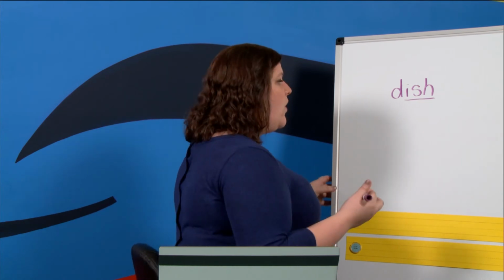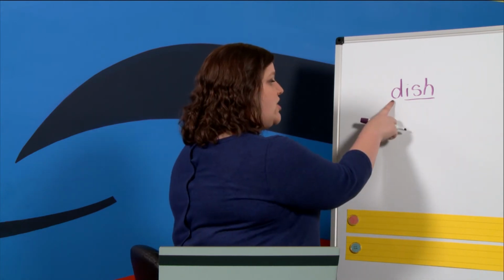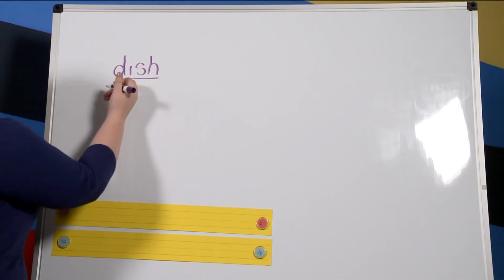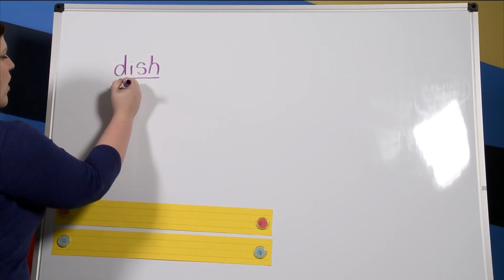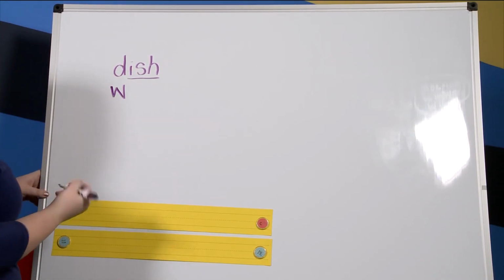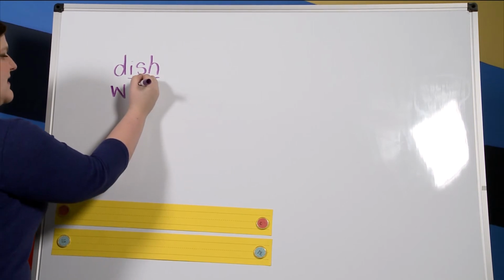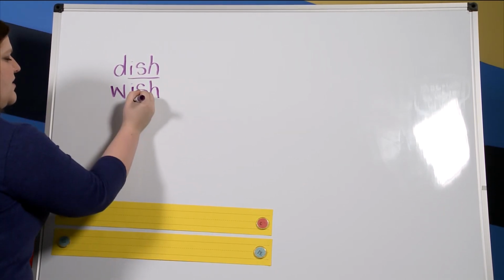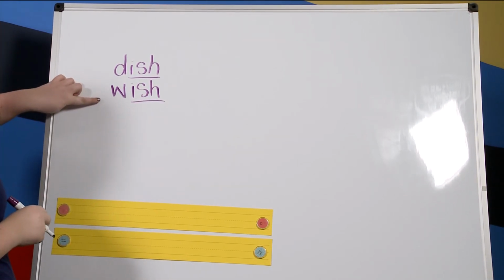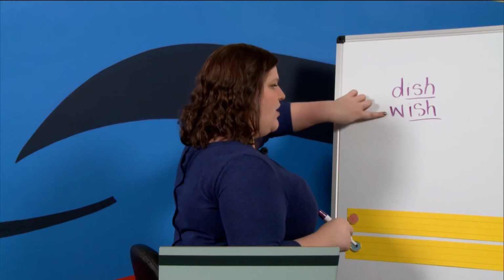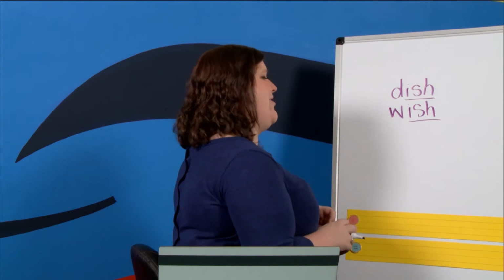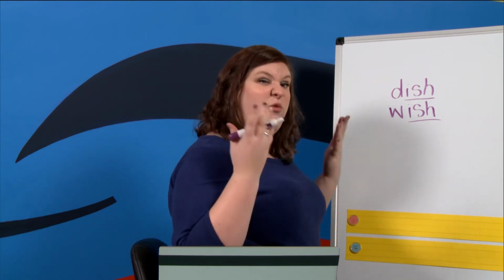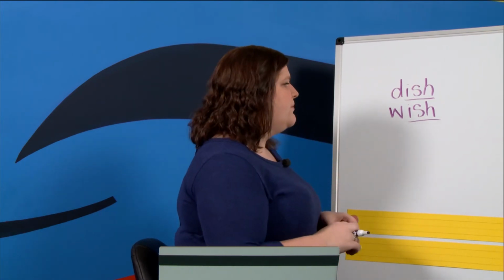Wish. Wish. So I can change just this first letter to w, and I leave the end the same, ish, to make the rhyming word wish. Dish, wish. Great job. Can we think of one more?